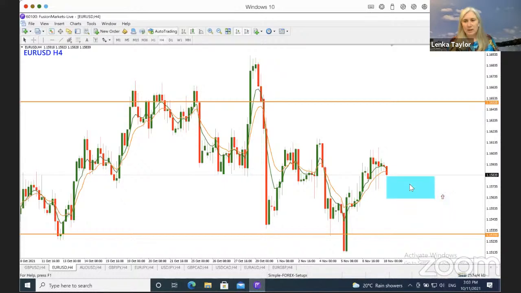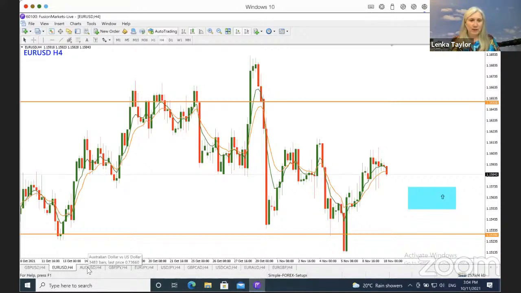If the price action comes all the way down to the bottom of the support there, then I'm also looking for a long opportunity. So these setups might take a little while to actually set up, not something that I'm looking at today.